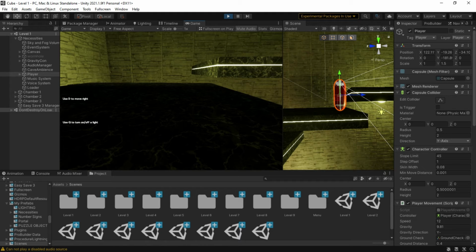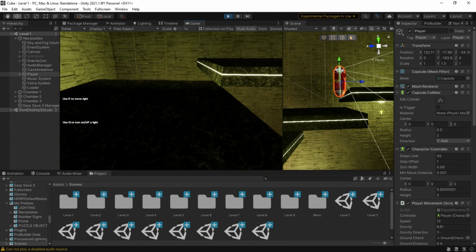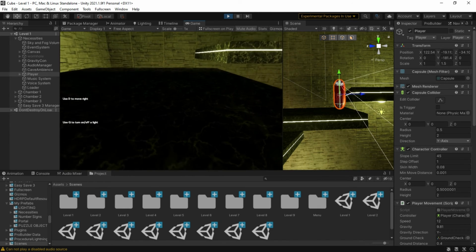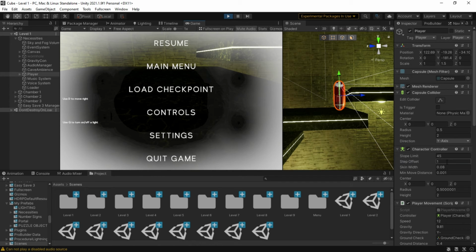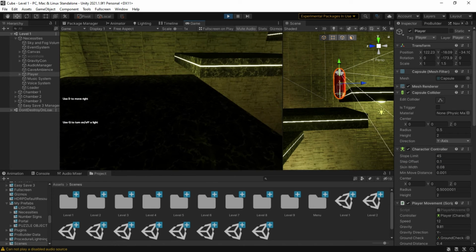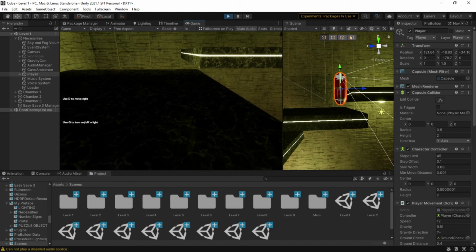Okay, jump. It was buggy, and I figured out that it was the step offset in the character controller. And so on the left is the first person view that you would see in the game, and on the right is the character view. So if you see how that's kind of buggy, and so it's right here. It's a step offset. If you put it at 0.1, then it's a much smaller bugginess, but it's still there.